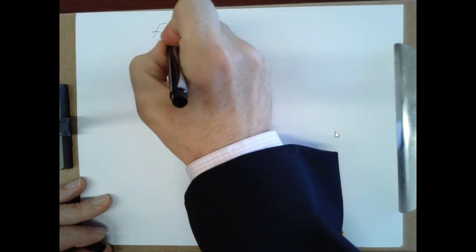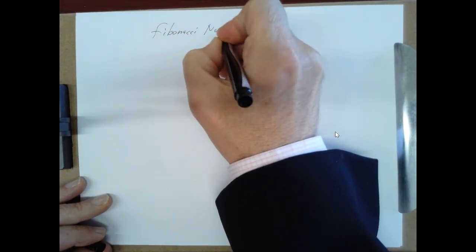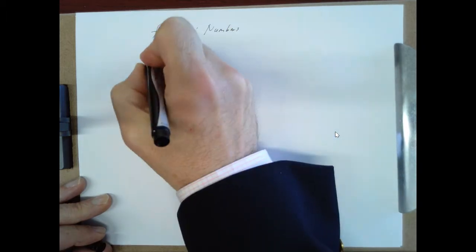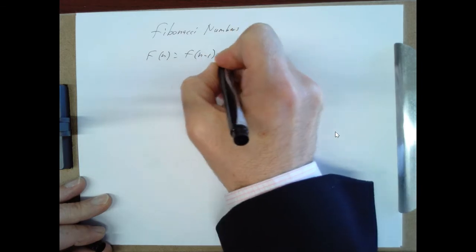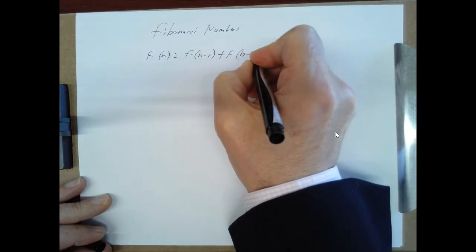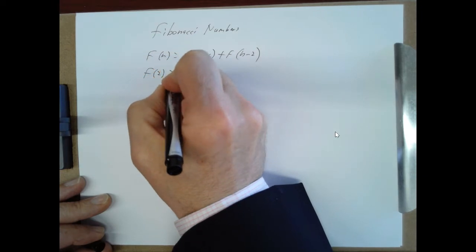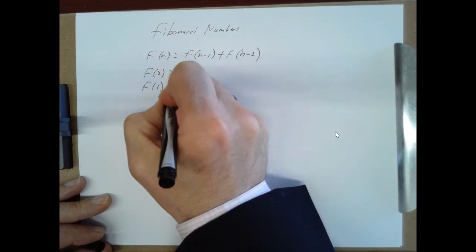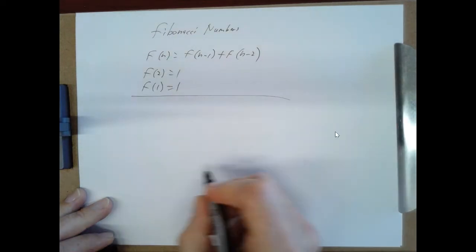So, back to Fibonacci numbers. Remember, f of n is just the sum of the two previous Fibonacci numbers, and our two base cases are f of 1 is 1 and f of 2 is 1. So if you want to find f of 10, it's pretty straightforward.